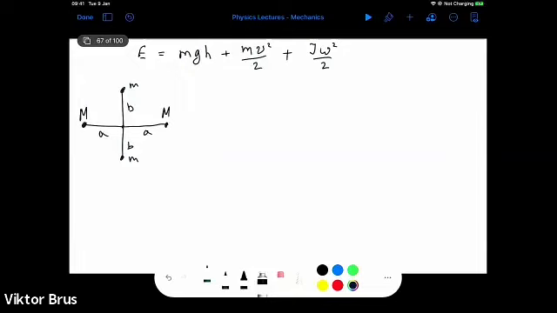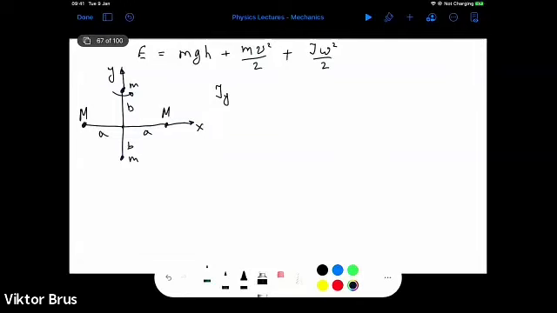So they are kind of point masses. And let us assume that this system rotates about axis Y. So we're interested in the moment of inertia of this system of four masses about axis Y.